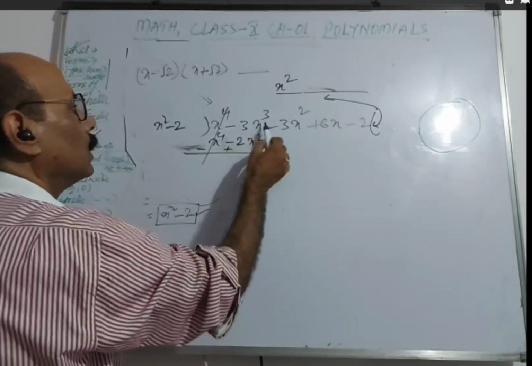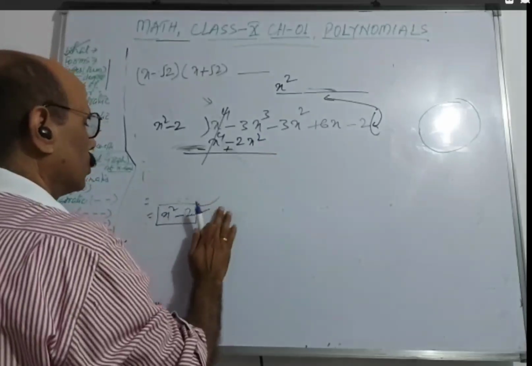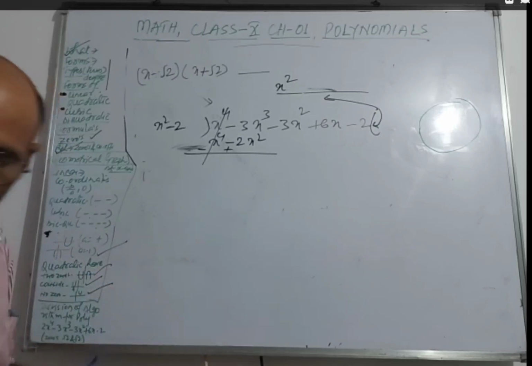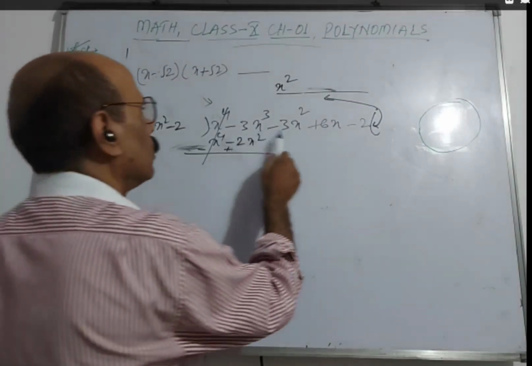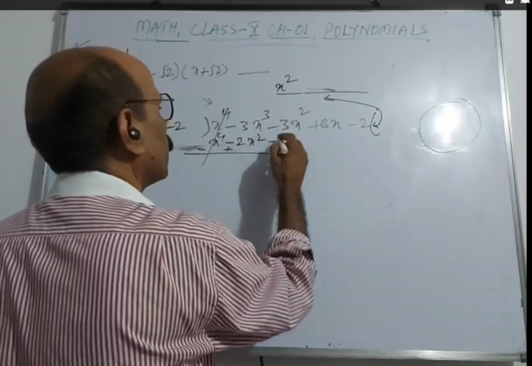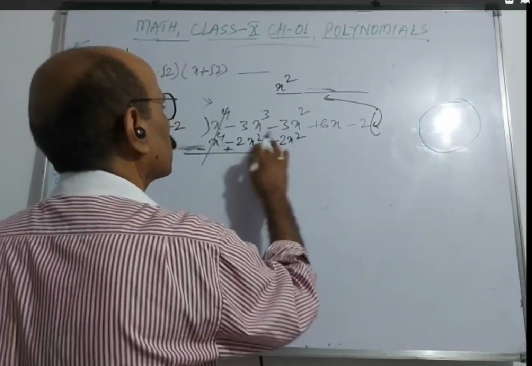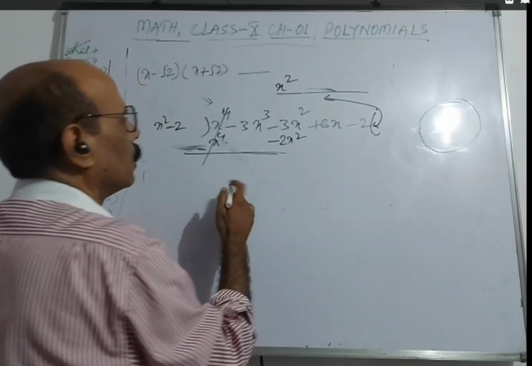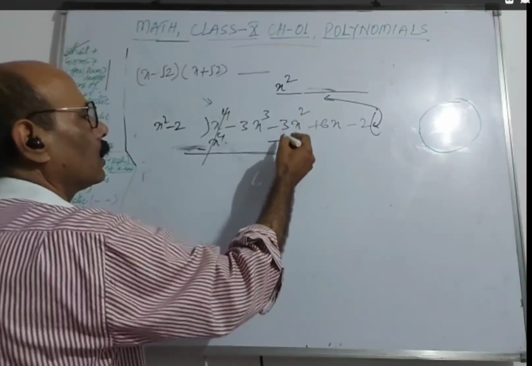That means what? 3x cube. If it is cube, we will not write it in front of this; this will be written in front of the like term. This is 2x square. This will be blank. So here, what will be there?